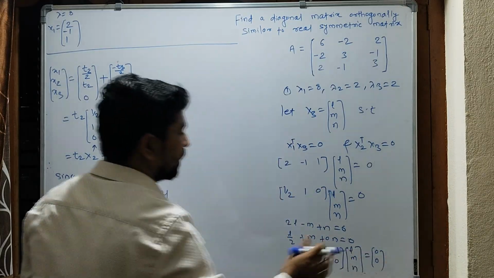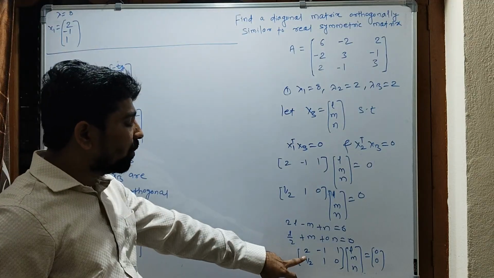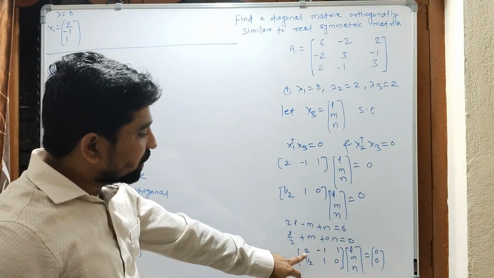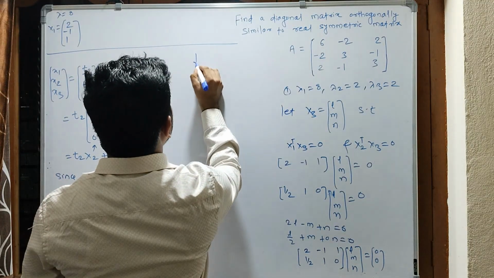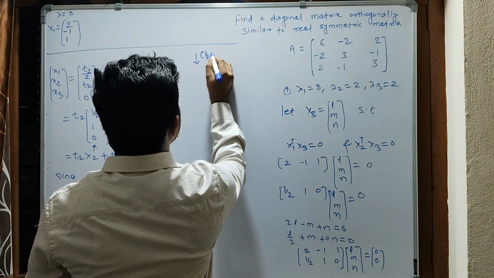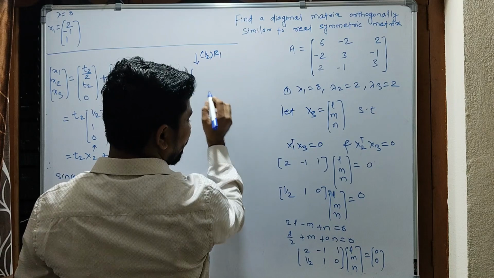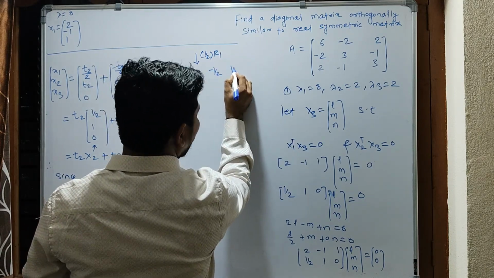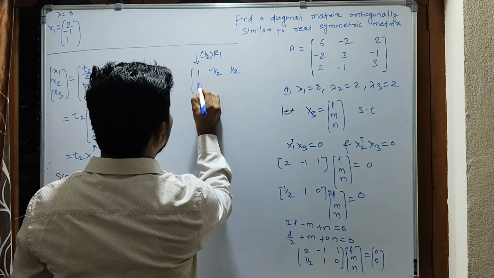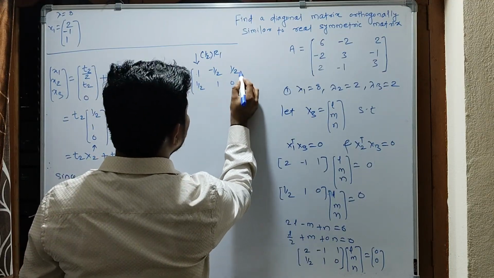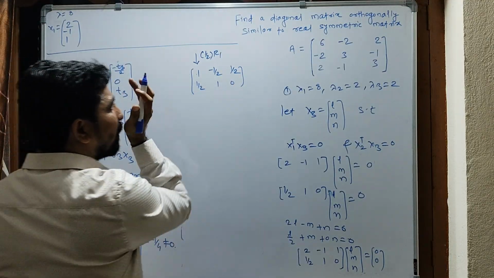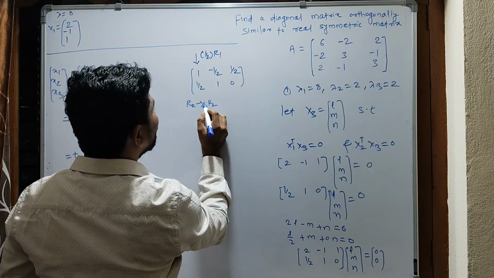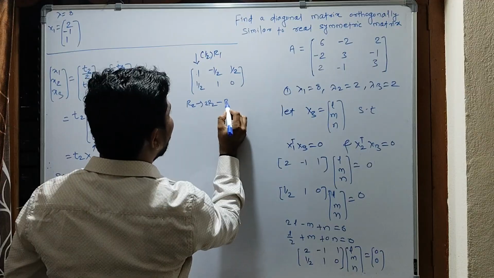Now try to convert this into echelon form. First convert this 2 into 1: I divide the entire row R1 by 2, that is, R1 becomes 1 by 2 times R1. After that I get 1, minus 1 by 2, 1 by 2, and below it 1 by 2, 1, 0. Now I want to make this 1 by 2 into 0, so R2 changes to 2 times R2 minus R1.